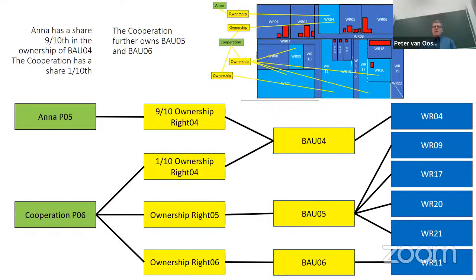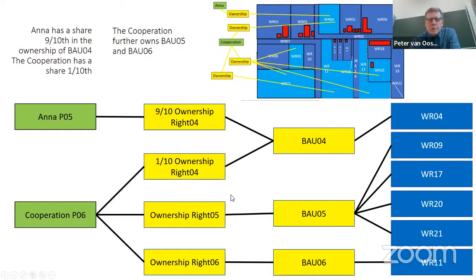So here we see the map together with all the objects, and the cooperation has 3 ownerships. One was discussed before, that was together with Anna, and parcel number 4, BEA unit number 4, property number 4.